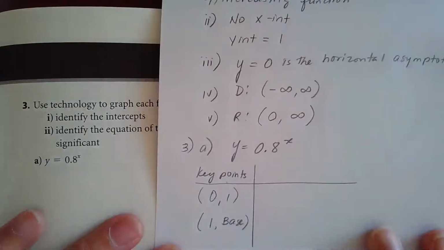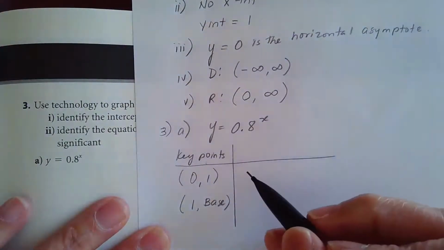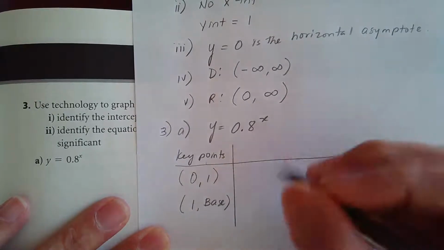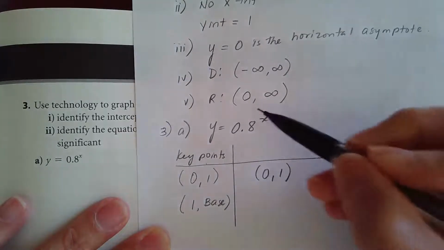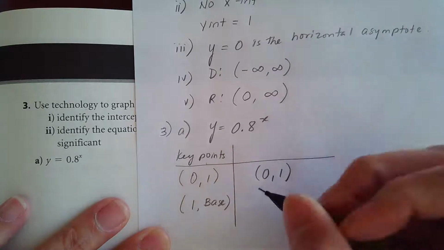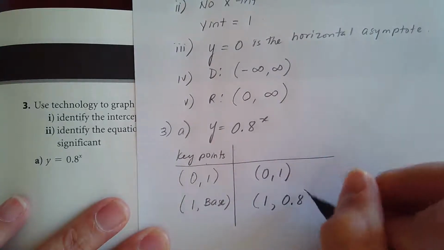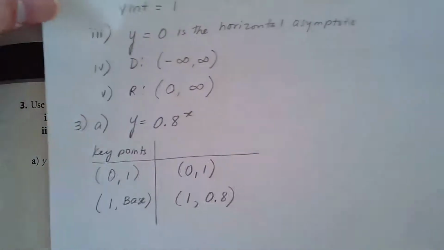Right? That's what we said at the beginning. So in this particular case, if I put 0 there, y is 1, so (0, 1). And if I put 1 there for x, it's going to be 0.8 to the 1, which is 0.8. So (1, 0.8). So we didn't really need the graphing technology for that one.